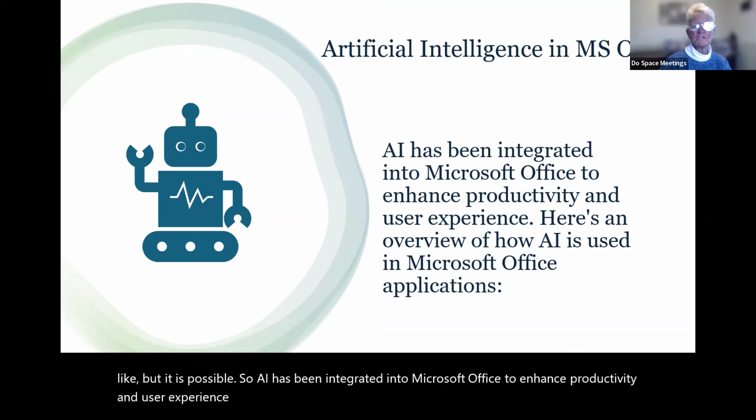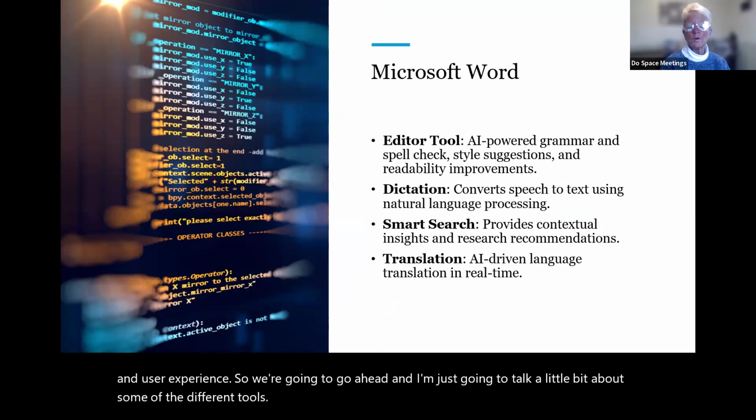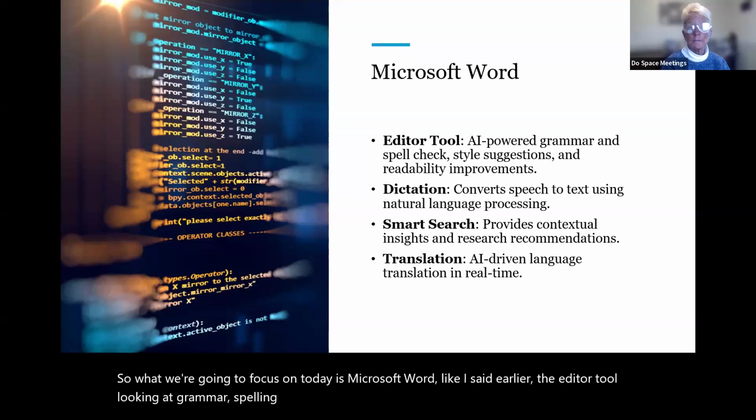So we're going to go ahead and I'm just going to talk a little bit about some of the different tools. What we're going to focus on today is Microsoft Word, like I said earlier. The editor tool, looking at grammar, spelling, style suggestions, readability improvement, suggestive language, some things like that.